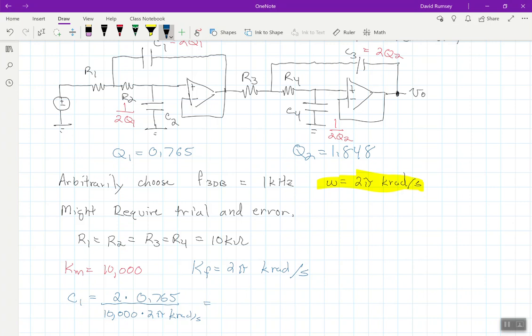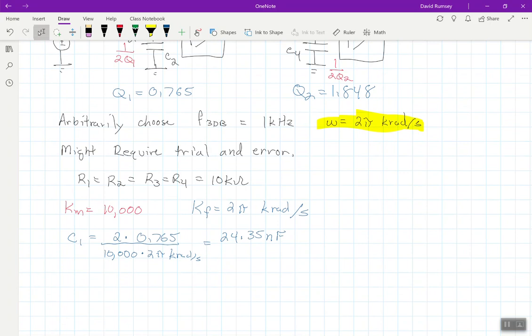I wind up getting 24.35 nanofarads for the first capacitor. That's a reasonable value for the capacitor. If I had gotten picofarads, that's a little small, though we could make picofarads work if we were building or etching a board. But if I had gotten something like millifarads, that doesn't make sense either. So we have to, again, pick values that make sense.